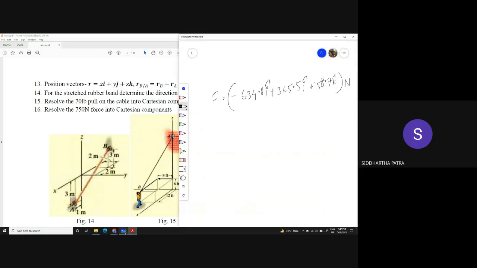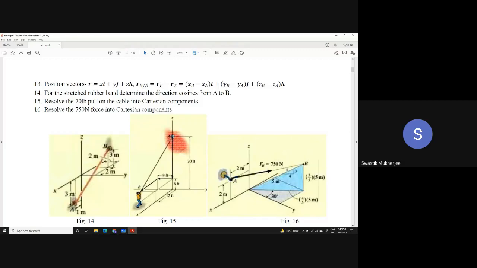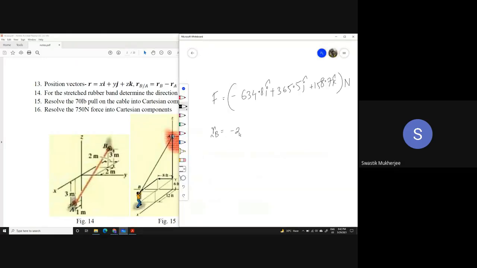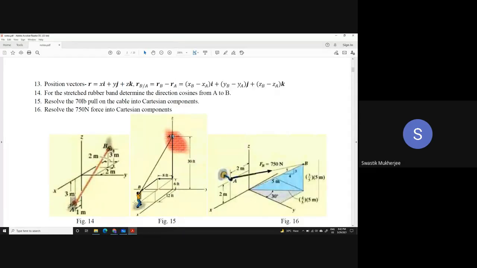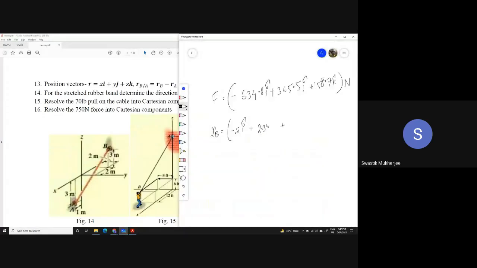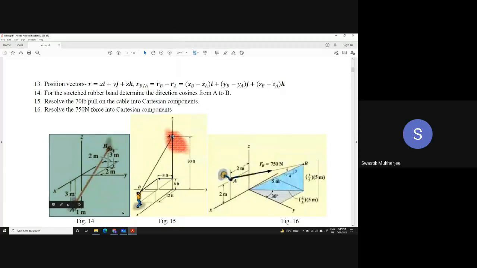Can you tell me what is the position vector of B that you have obtained? Sir, minus 2 i cap plus 4 by root 3 j cap plus 3 k cap. How much is 4 by root 3? It's 2.309. And this one is how much, k cap? 3 k cap. Yes.